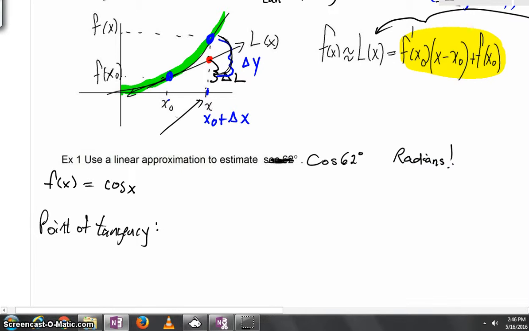We need to have radians. Now, if I'm estimating 62 degrees plugged in for cosine, hopefully there is a point of tangency that's pretty close to the 62 degrees. What angle do you know on the unit circle that's super close to 62 degrees? 60 degrees.